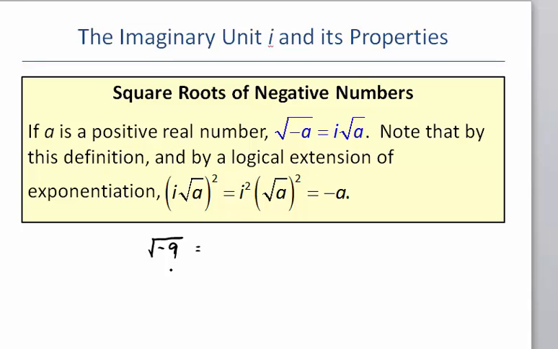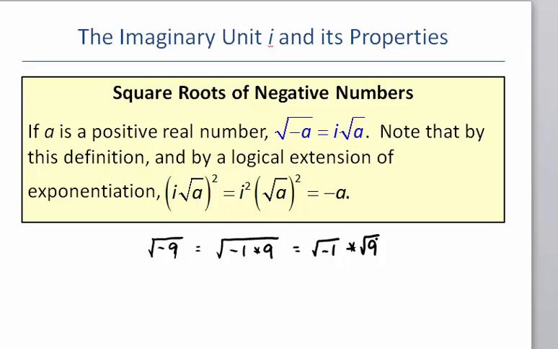If we're going to use an imaginary number, we can rewrite the square root of -9 as the square root of -1 times 9. And we know from our property of exponents that we can break this square root up, making it the square root of -1 times the square root of 9.